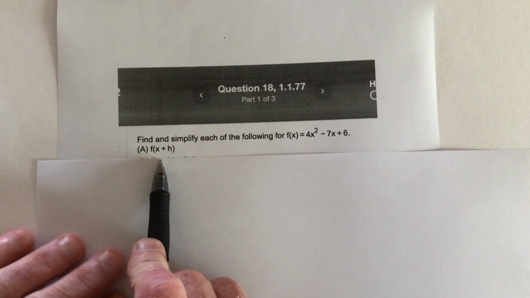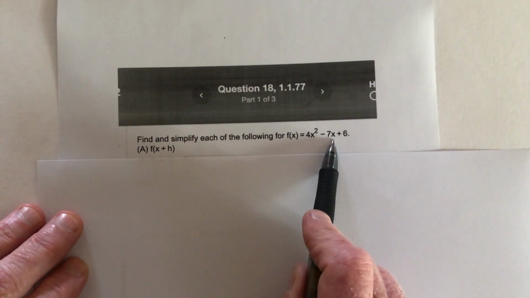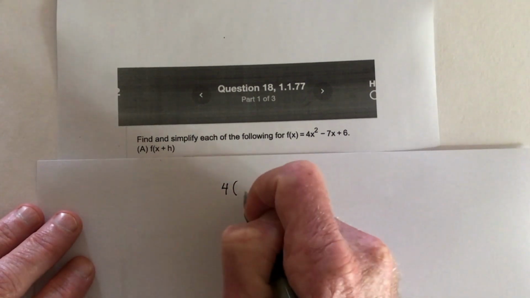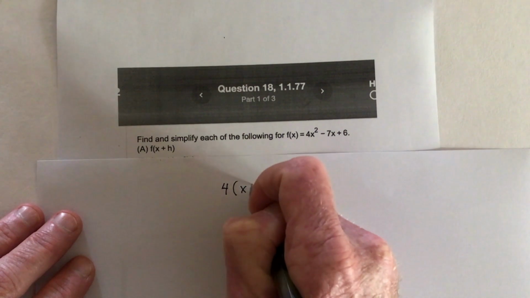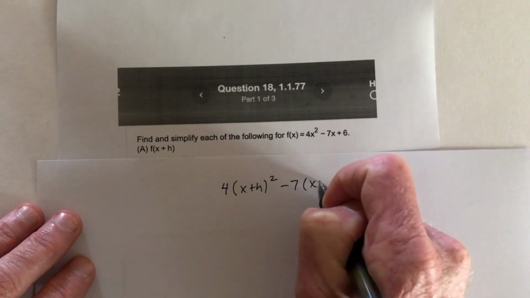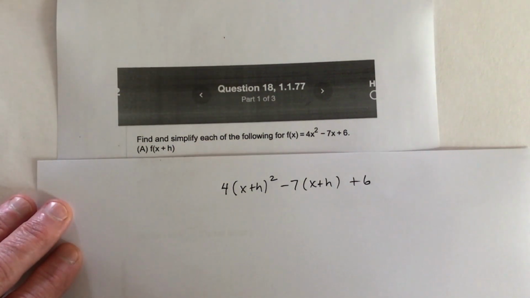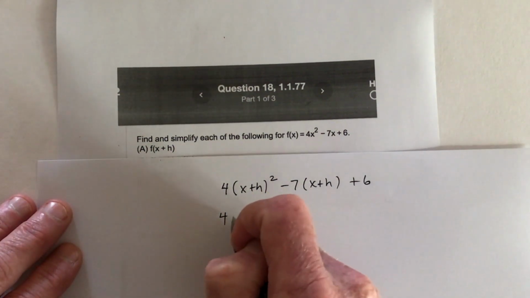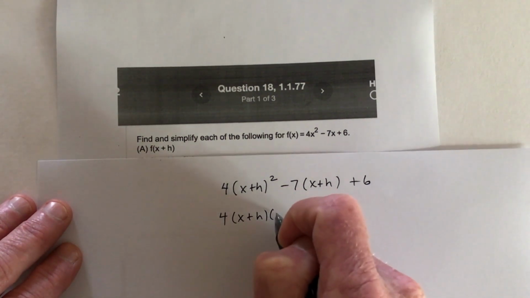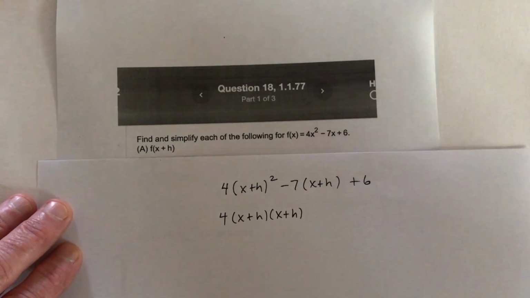So this means substitute x plus h everywhere where the function has an x. So then we'd have 4 times, then put x plus h squared minus 7 times x plus h and plus a 6. And then x plus h squared means I need to multiply out what's x plus h times another x plus h. And I'll come back to that in just a second.